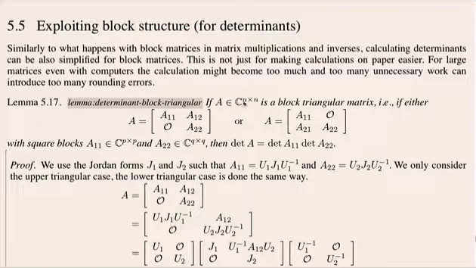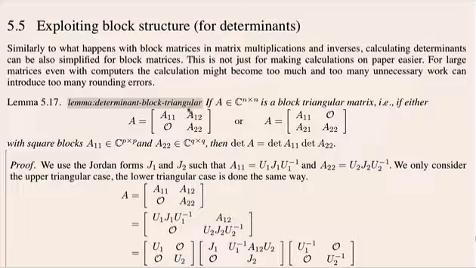If A is an n by n complex matrix and it's a block triangular matrix, which means it's either upper block triangular or lower block triangular, with A11, A12, 0, A22 structure, or A11, 0, A21, A22 structure, and the blocks are square blocks, A11 is p by p, A22 is q by q.